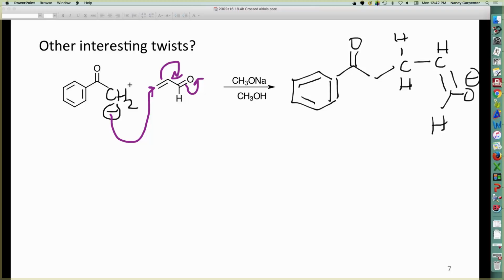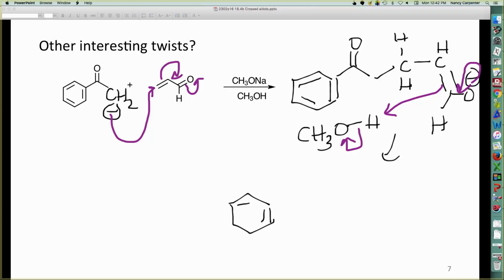So there's my intermediate, my enolate intermediate, and that will then reach right out and grab a proton from my solvent to give me my final product, which is the 1,4 addition product. So I've got a CH2 and a CH2. Oh, I've got a CH2, CH2, CH3. Be careful here.